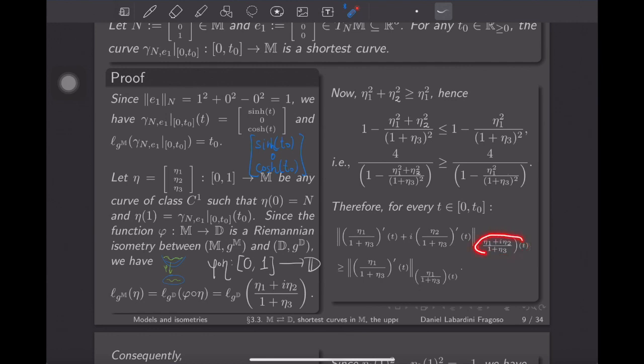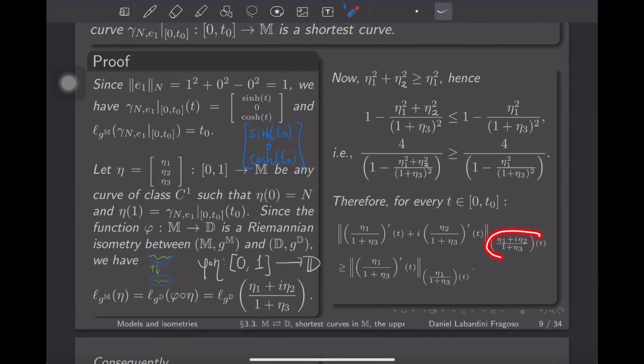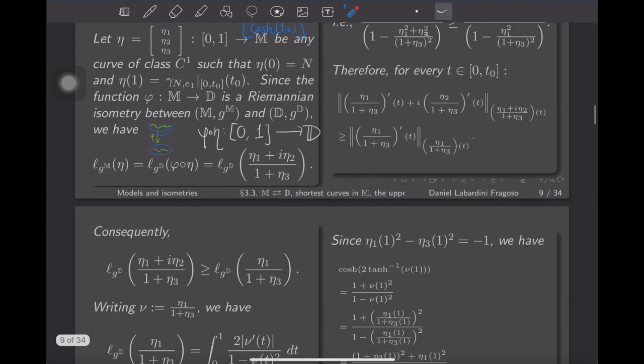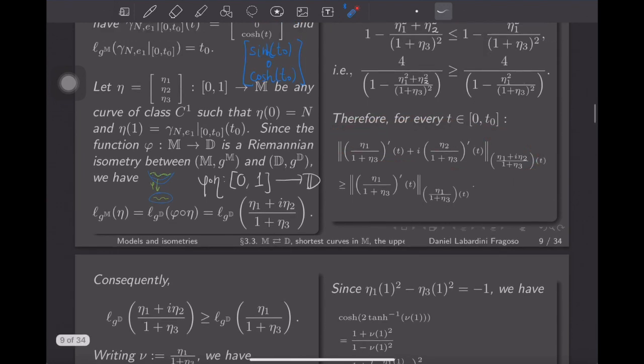Here it's really just to keep track of the point where I'm measuring. So this shouldn't confuse you too much. It's just a reality check.